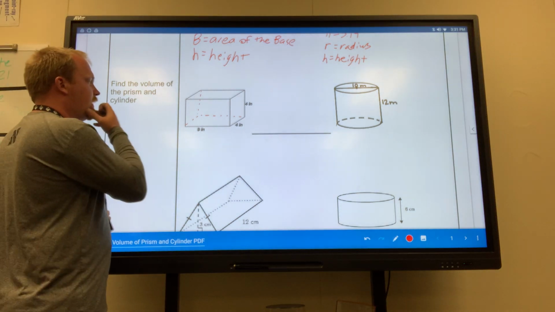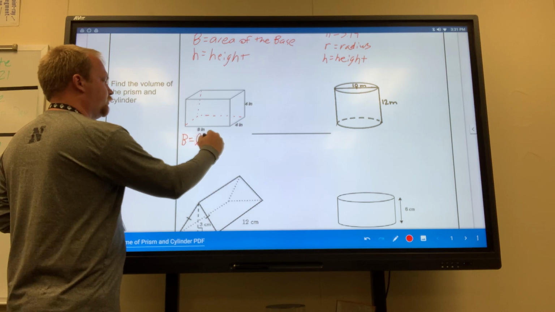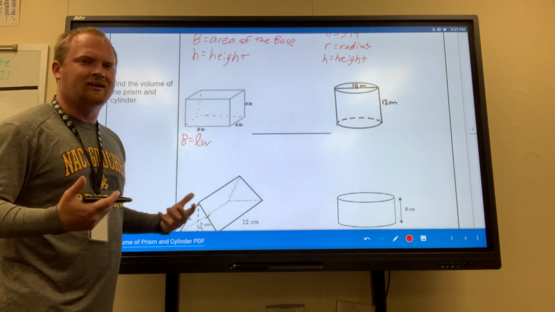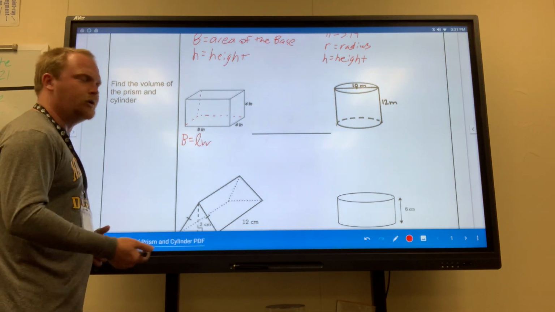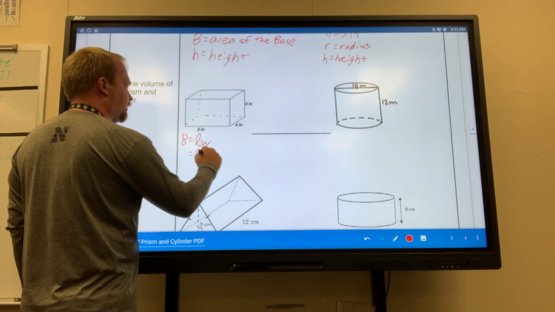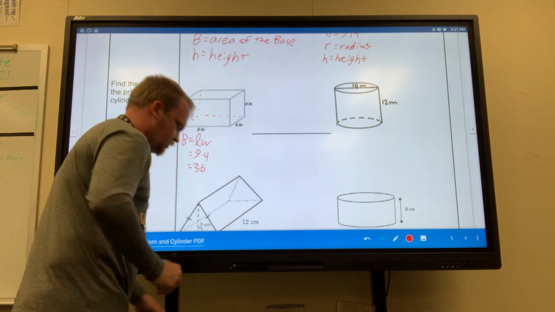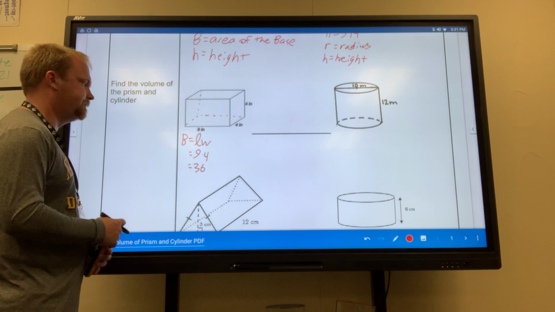And so, first of all, I know the area of the base is going to be length times width, because that's what an area of a rectangle is. So the length for this is 9, the width is 4, multiply it out, I get 36, okay?